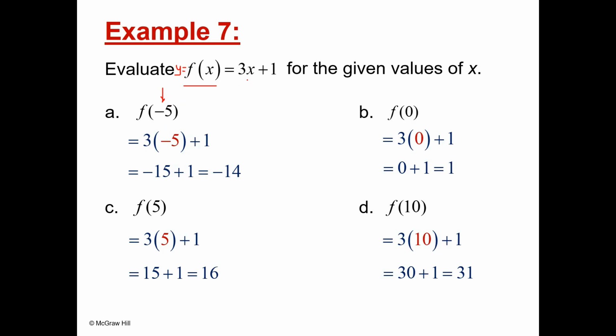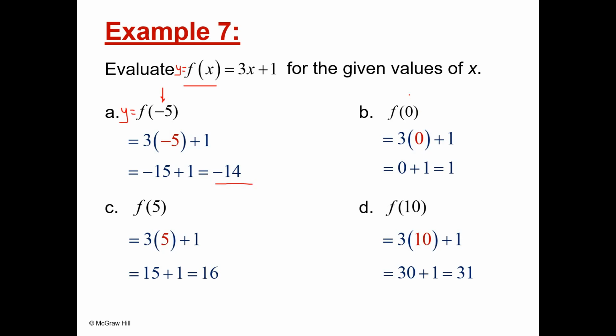Minus 5 times 3 is minus 15, plus 1 is equal to minus 14. So f of minus 5 is equal to minus 14, which means that we said that y is f of x. So for x equal to minus 5, y is equal to minus 14.